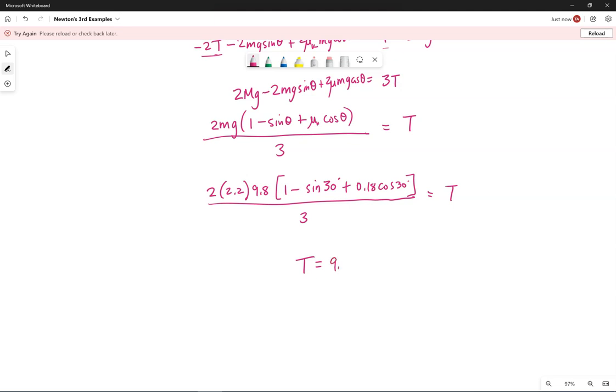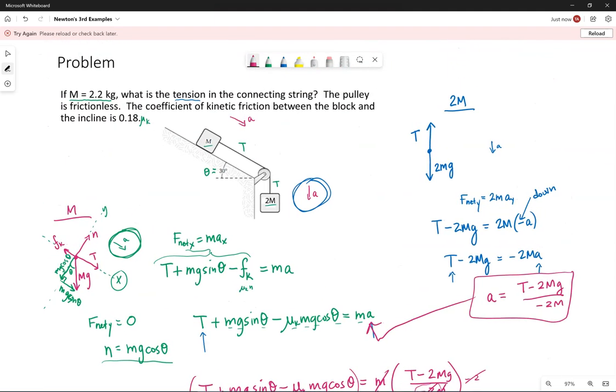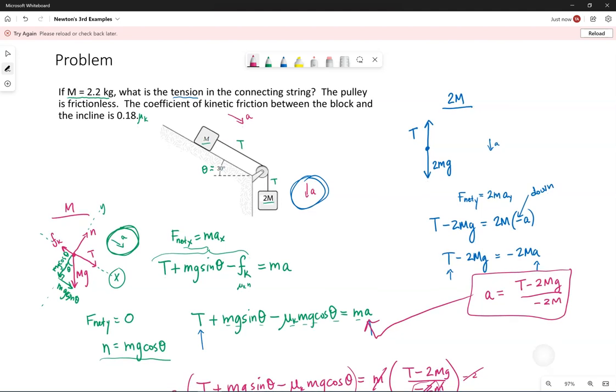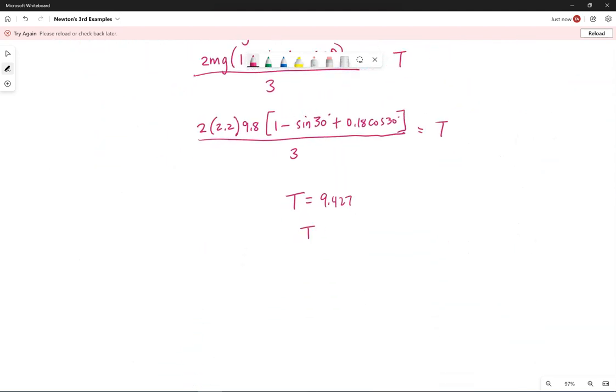I'm getting 9.427, which I believe we have 2 sig figs. So yeah, 2.2, 0.18. So the tension here is 9.4 kilograms.